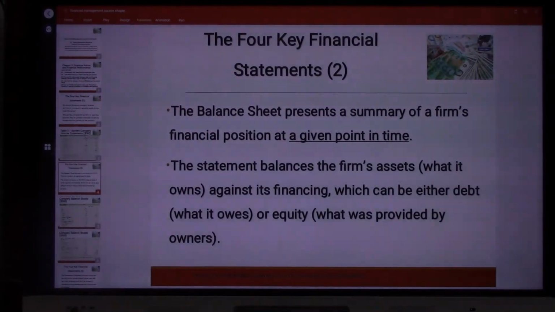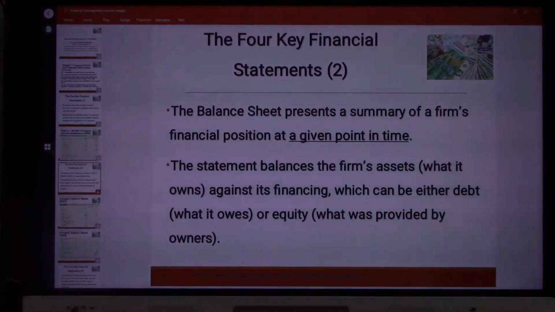This is why at the end of each balance sheet we say, this is the balance sheet of firm X on the 31st of December of a specific year, because it's a reflection of a firm's financial position at a given point in time.